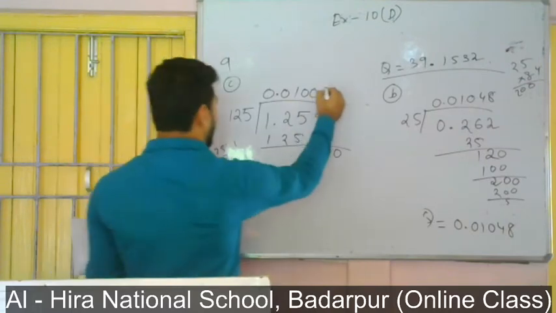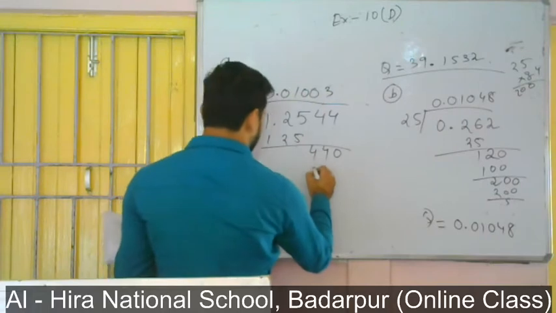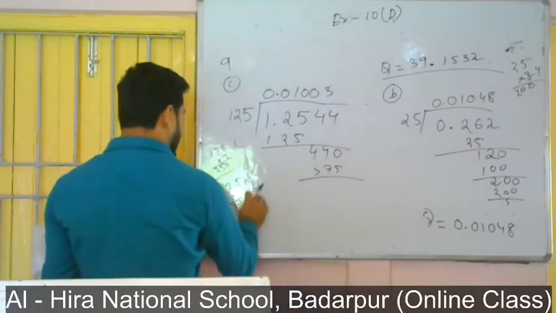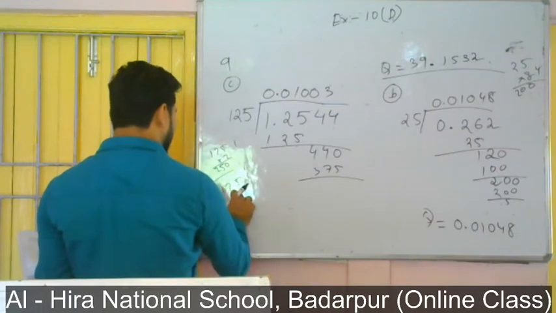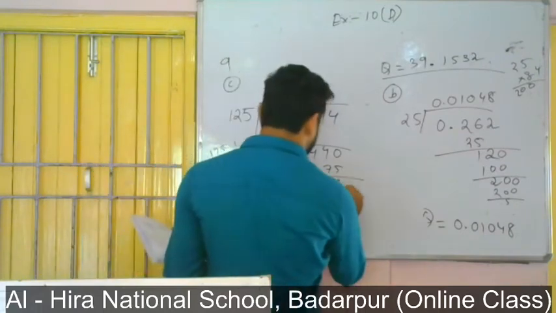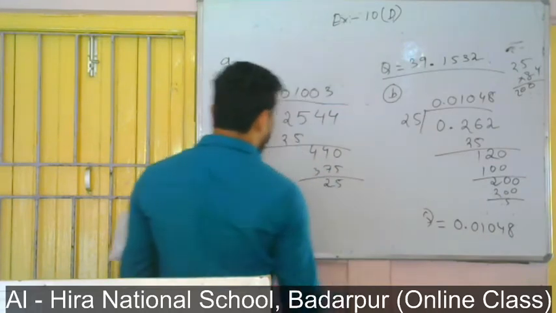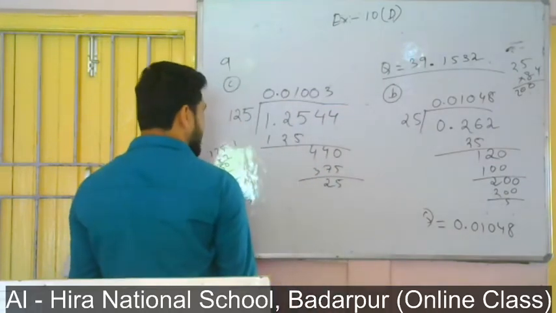So we can check with 375. 5 3s are 15 and 1, 3 2s are 6 and 1 7, 3 1s are 3. Now minus it, 5, here we will get 9, 9 minus 7, 2. So it is not divisible.